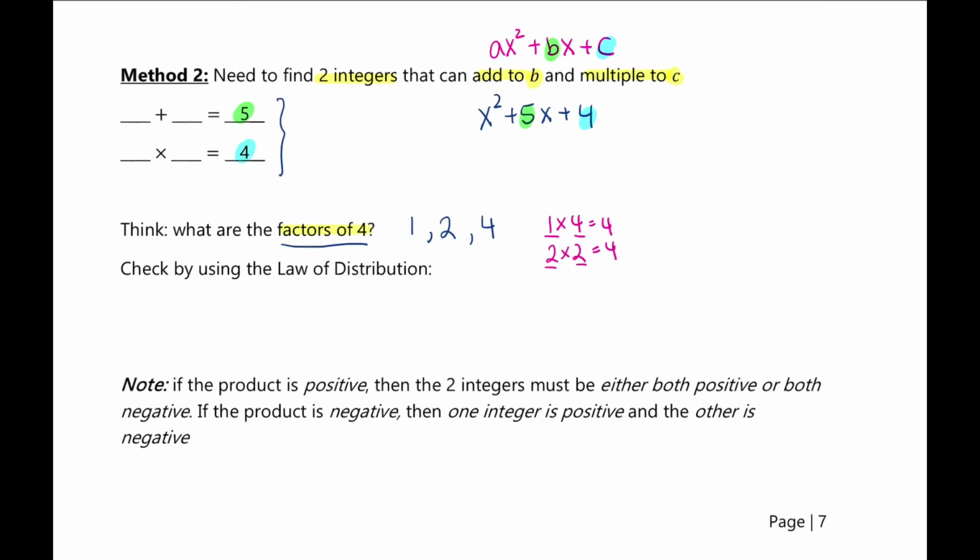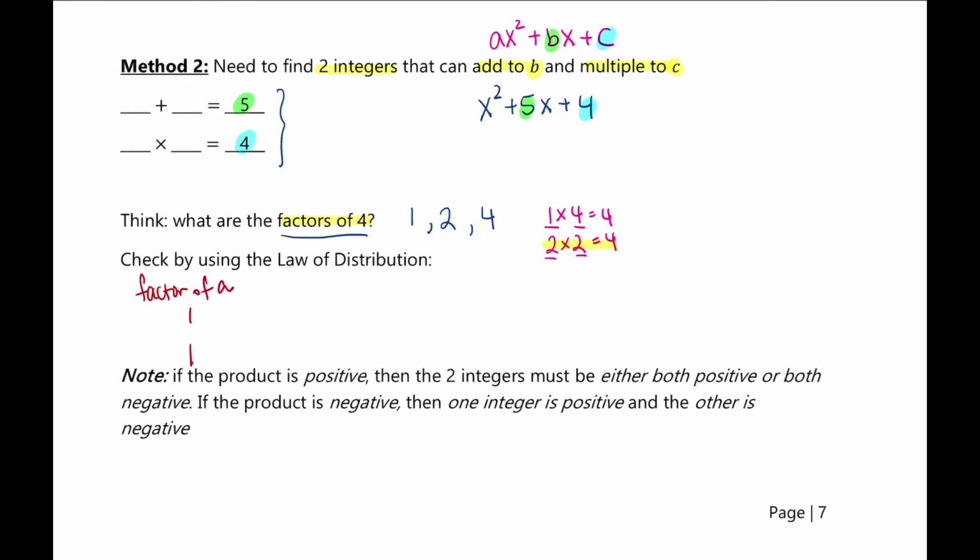Let's say I picked 2 times 2 equals 4. We can double check if it's correct by putting the factor of a, which is always 1 in our simple case. We're going to look at cases where a equals 1 only for now.